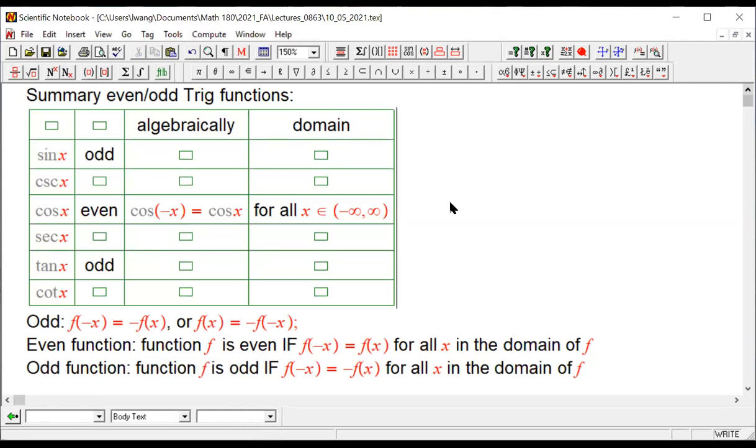You can certainly attach your graph to it. And I remember you mentioned, for example, that if cosine is an even function, its reciprocal secant is also an even function. I'm glad you heard it.